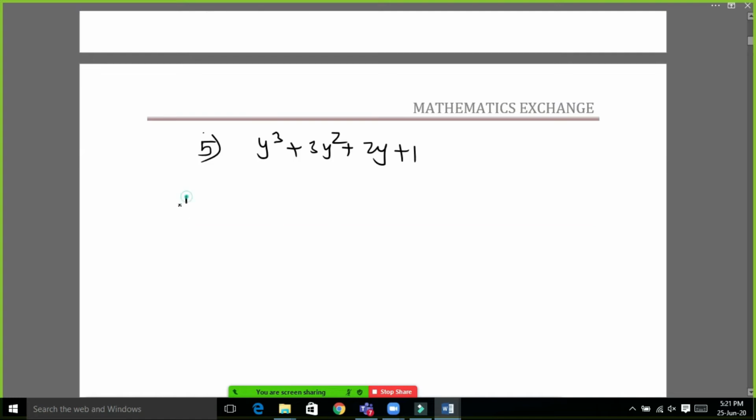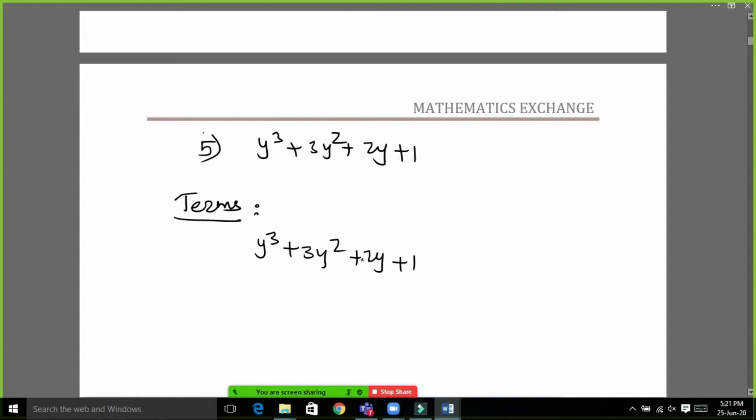Now terms of a polynomial. What are the terms? In the example y cube plus 3y square plus 2y plus 1, these parts separately are known as the terms of the polynomial.